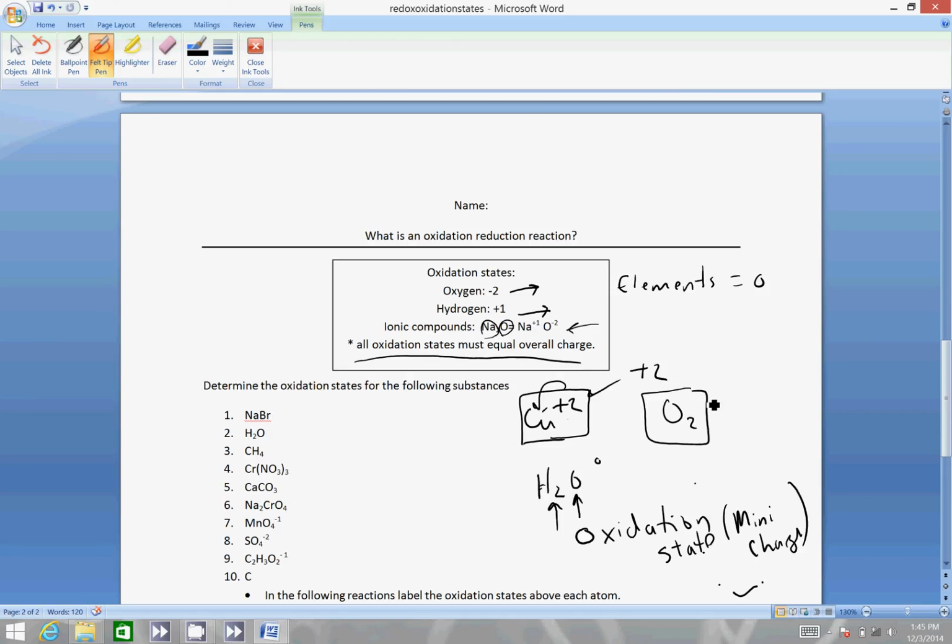There's no charge there, so the oxidation state of oxygen is just 0. Elements in their elemental state are generally neutral, and therefore they have no charge. Occasionally you'll see rules where it says halogens are -1. That is another one which we may see.